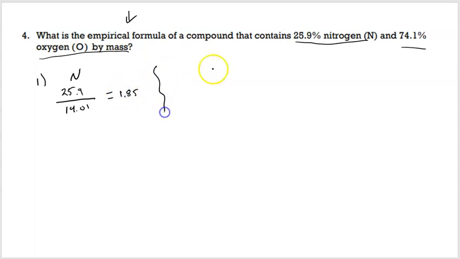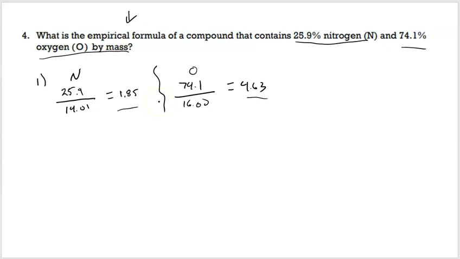Now, we have 74.1% oxygen, so I'm going to go 74.1 over 16.00, for oxygen, and that's going to give me the number 4.63. So again, this does give me a ratio, but the ratio is not whole number, so I need to make this into a whole number ratio.